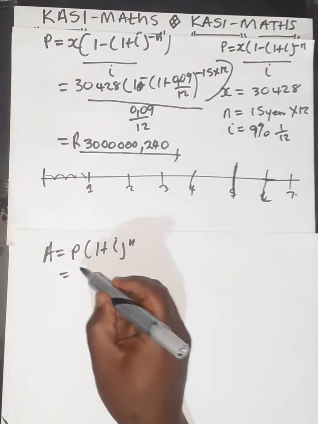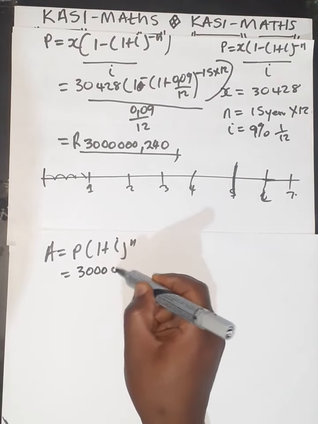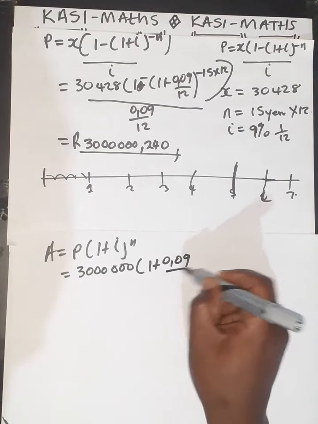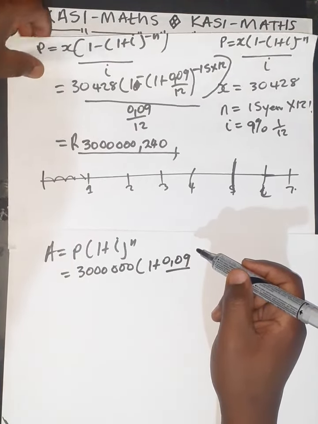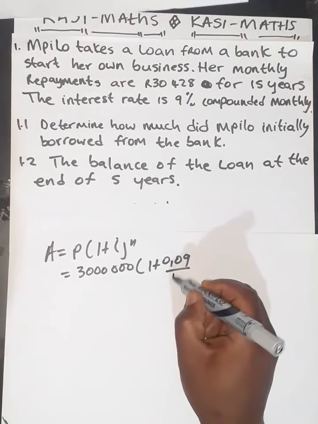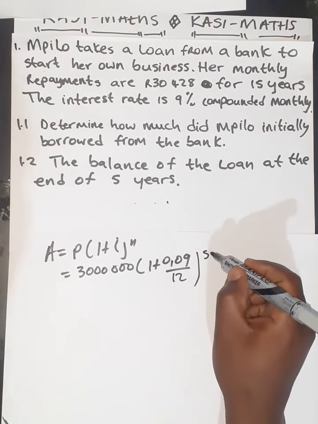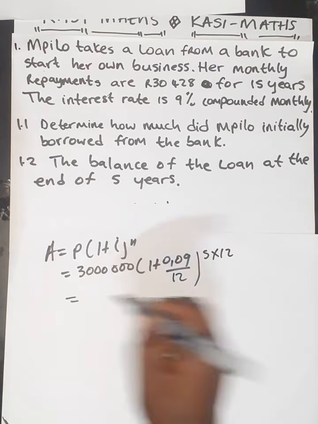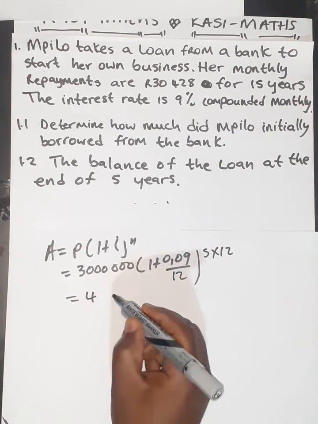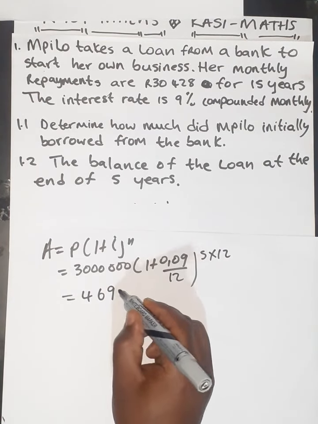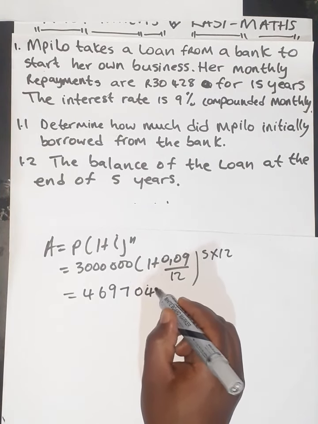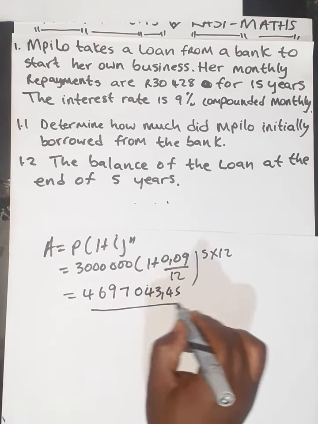So the 3 million will grow for 5 years at 0.09 divided by 12. After 5 years the 3 million will be 4,697 and 43.45.